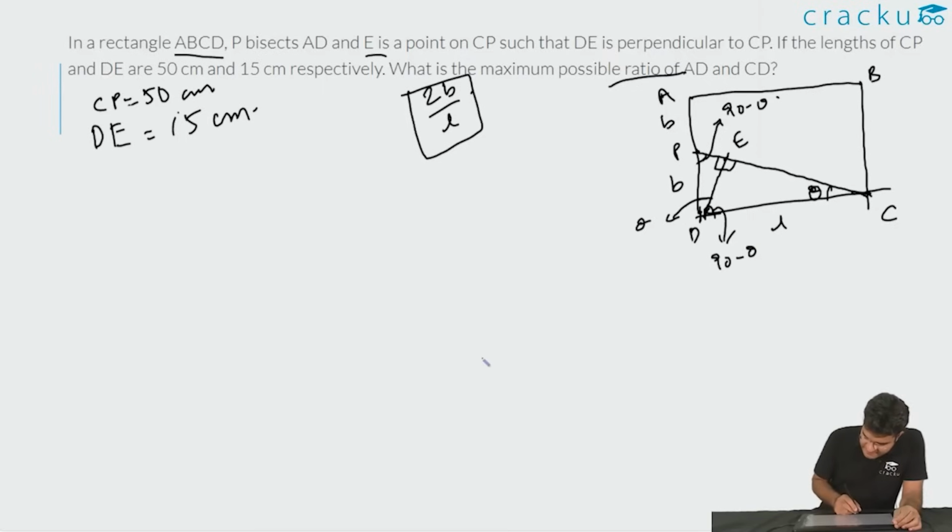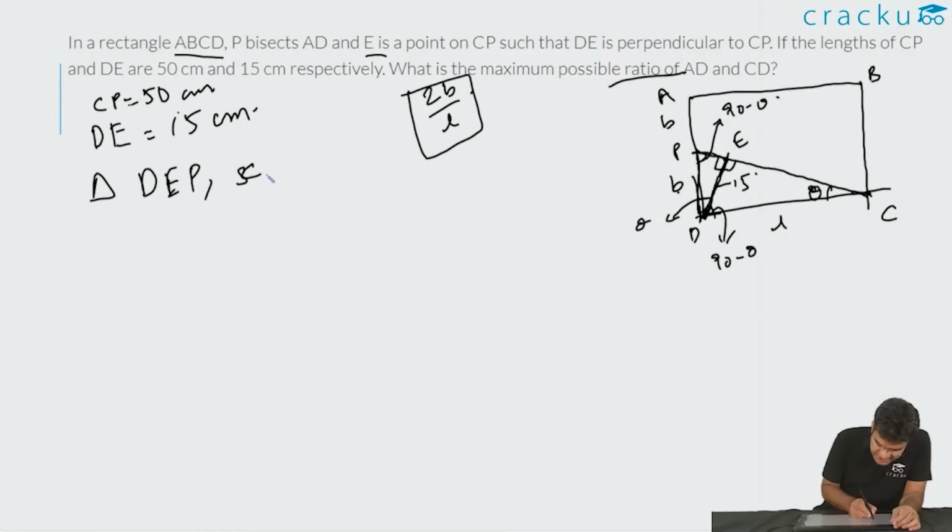Now sine theta, if you are looking at DE, so in triangle DEP, we look at cos theta because we know the value of B and we know DE is equal to 15. So cos theta is equal to 15 by B. Here in this triangle, B is the hypotenuse.